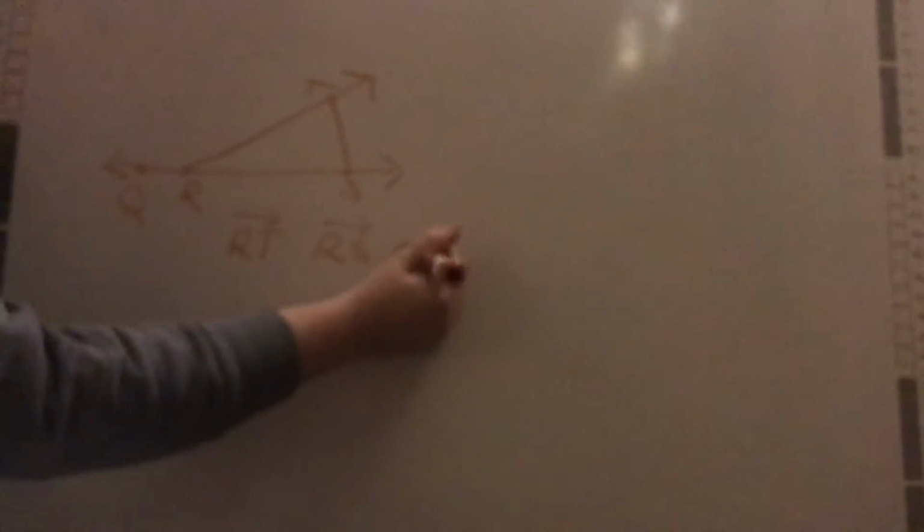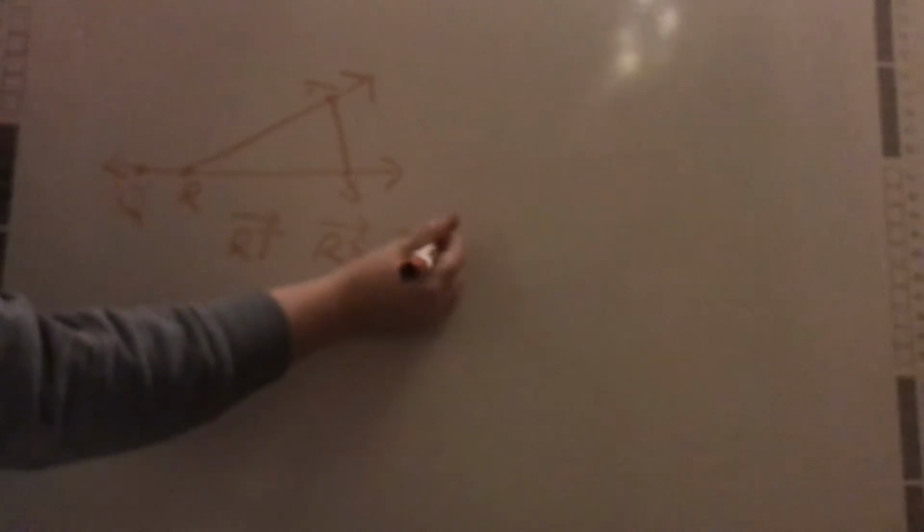But we could also say R to Q is another ray, because it's starting at R and going out towards Q. Oh, they put SQ as the other ray. Well, that's okay. It's the same thing. So RT, RS, RQ. Okay, those are our rays.